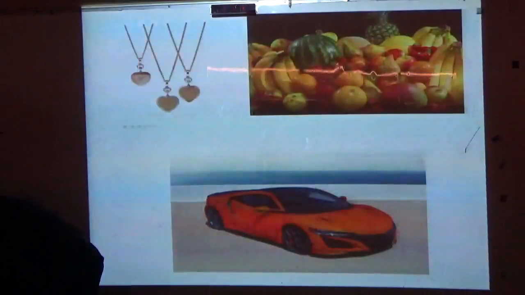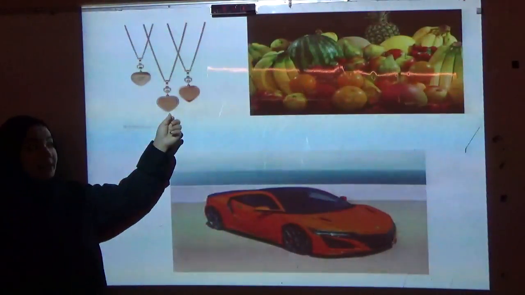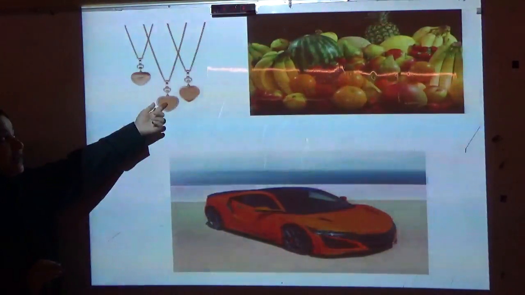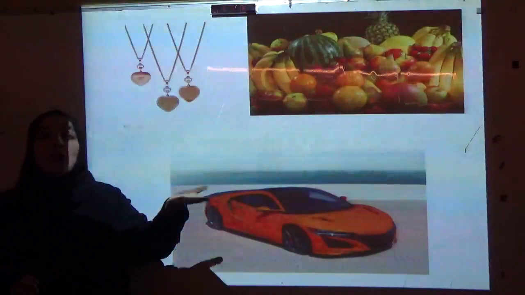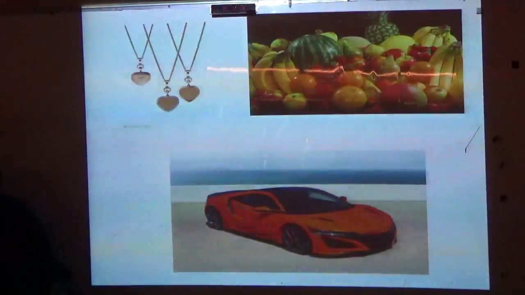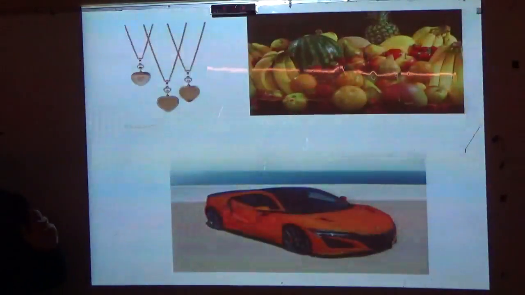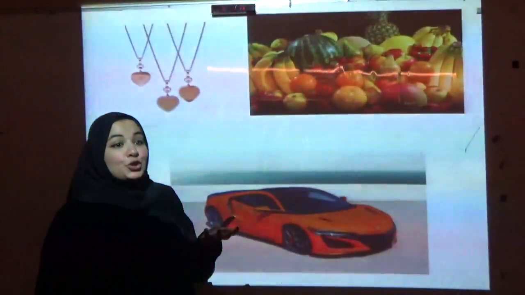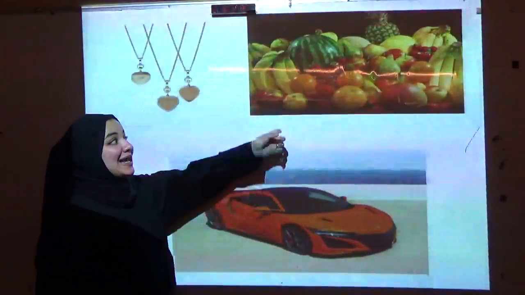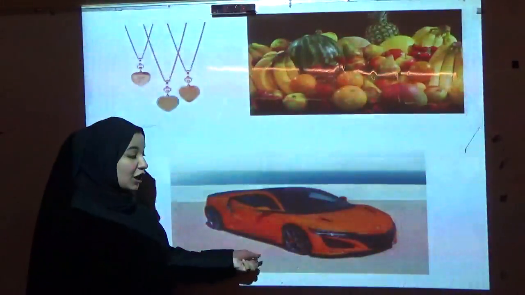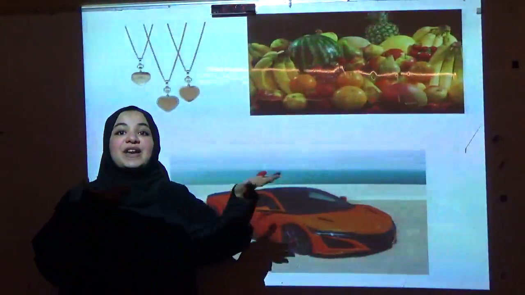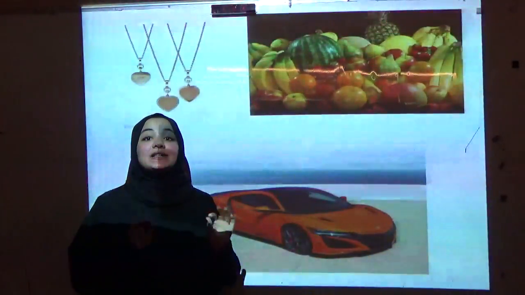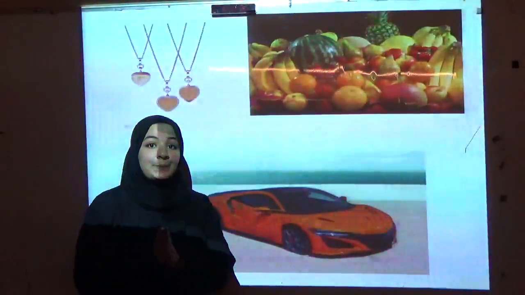Now, we can see in this picture the jewelries, the fruits and vegetables, and the car. The jewelries are light in weight, small masses, so we use grams. While fruits and vegetables are large masses, so we use kilograms. But the car is very heavy in mass, so we use ton, which is the measuring unit.